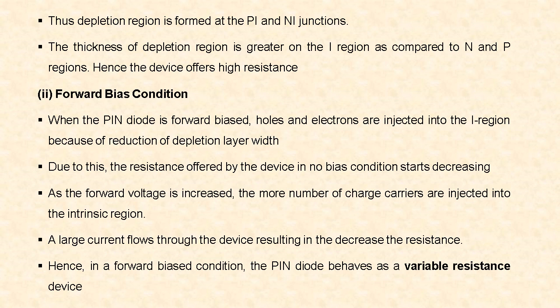If we further increase the applied voltage, more number of charge carriers are injected into the intrinsic region. So this further decreases the depletion layer width and a large current flows through the device, resulting in the decrease of resistance. Hence, in a forward bias condition, the PIN diode behaves as a variable resistance device.